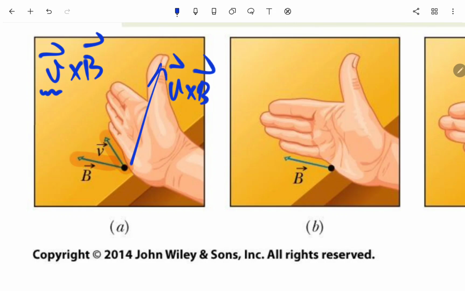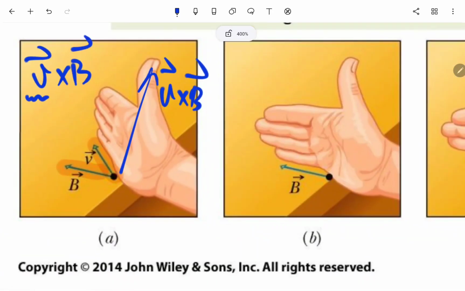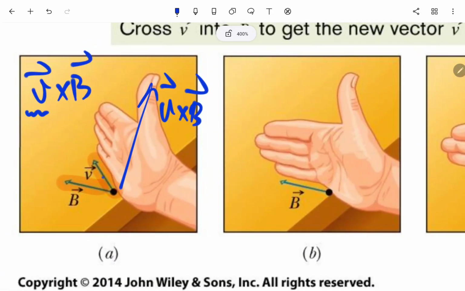What we need to be careful about is that this angle phi should be between 0 degrees and 180 degrees. It cannot be larger than 180. You cannot swing it for more than 180 degrees so that your thumb points to the opposite direction.